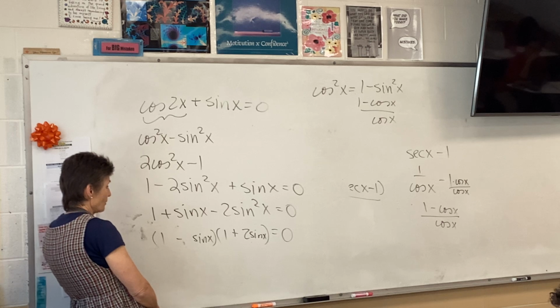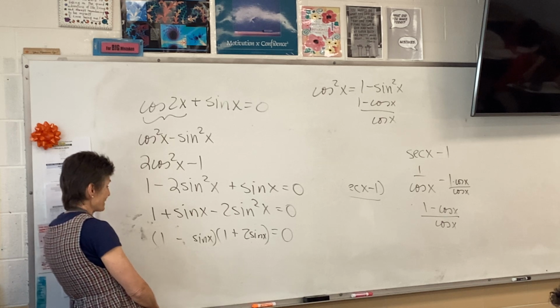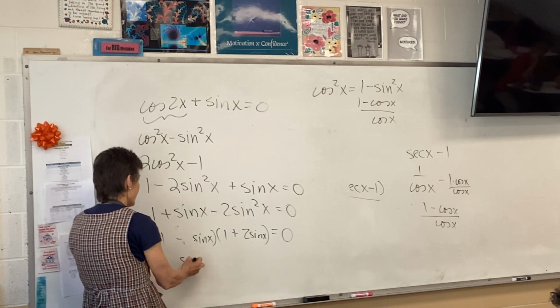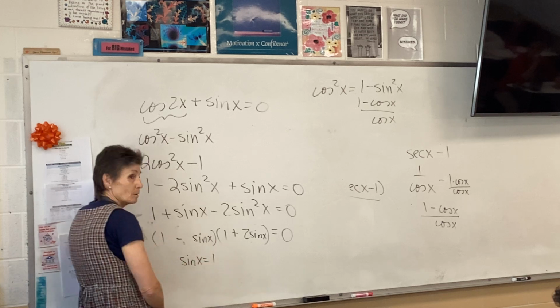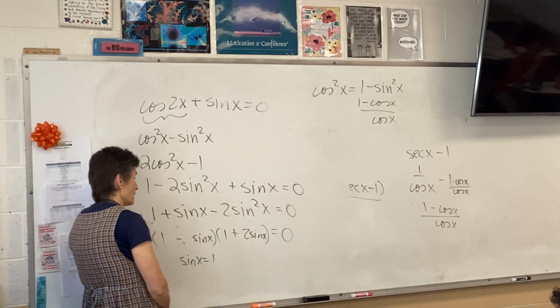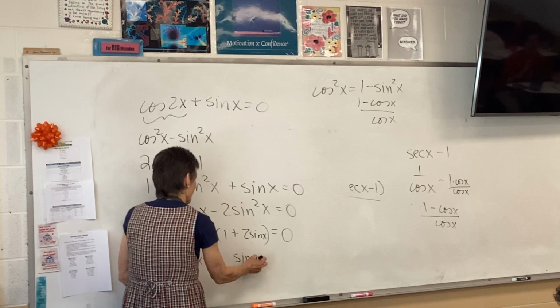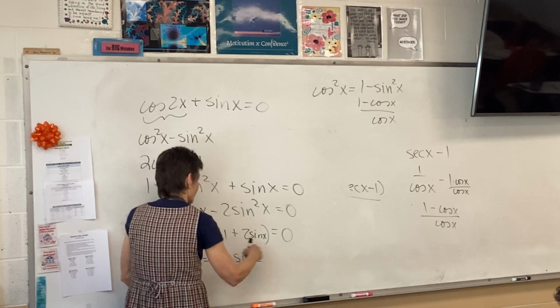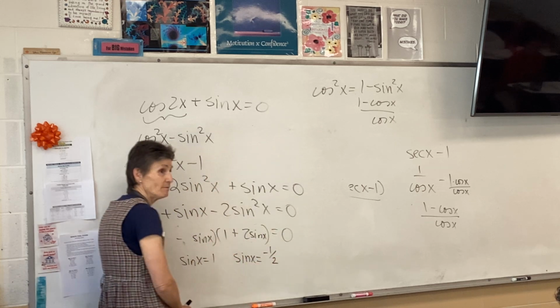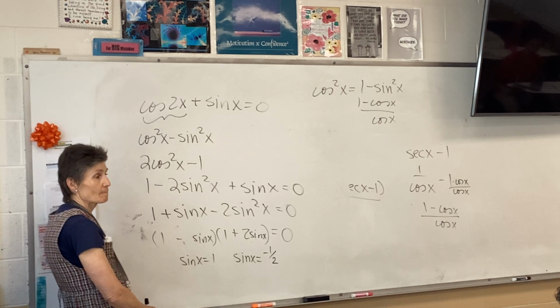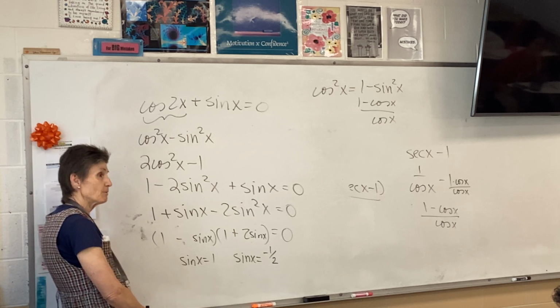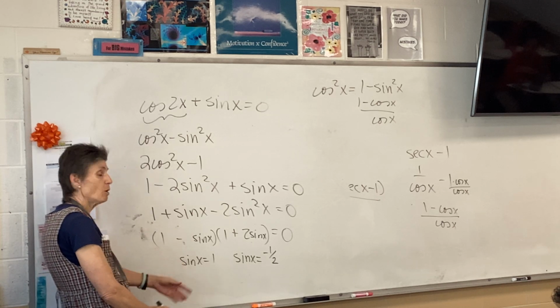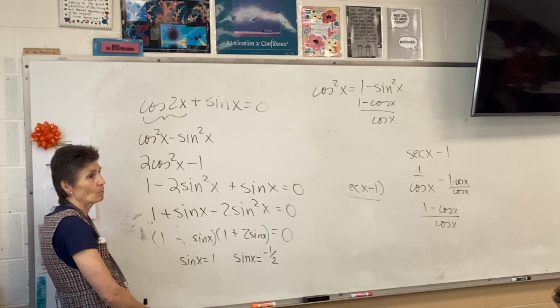I think that's right. Does that look okay to everybody? So what does it say? Sine x equals 1, or sine x equals -1/2. Now you don't need a calculator for this one, because you know where the sine is 1. Where is the sine 1?